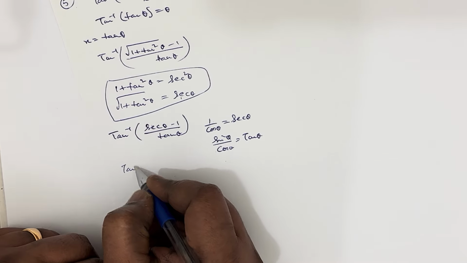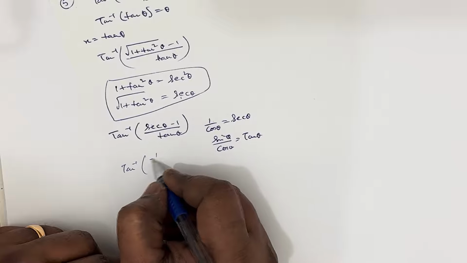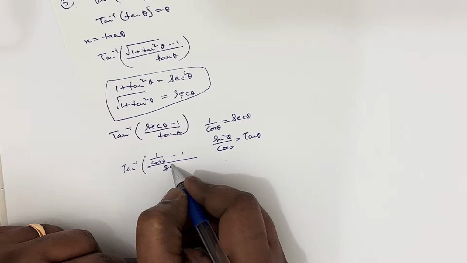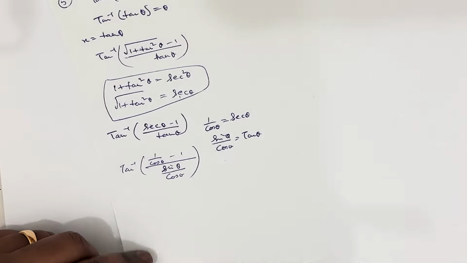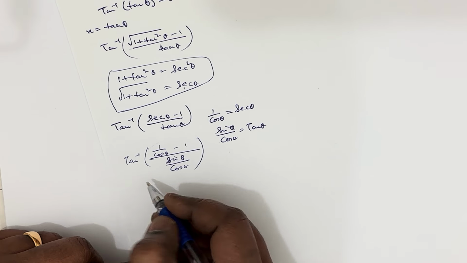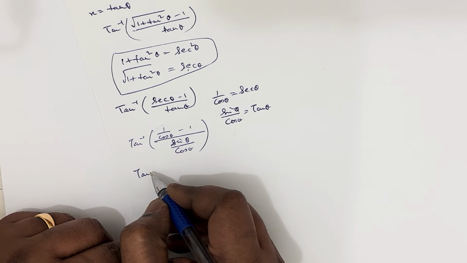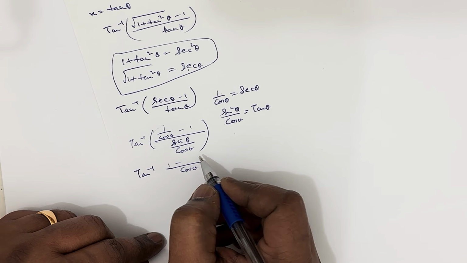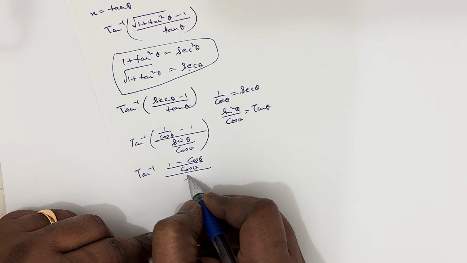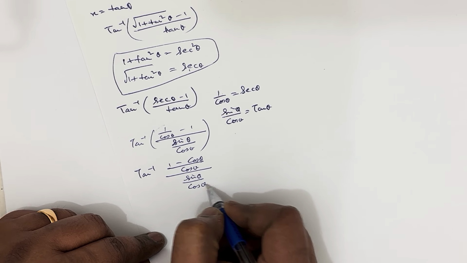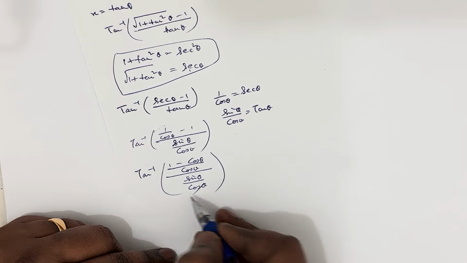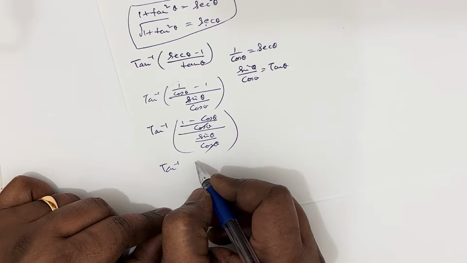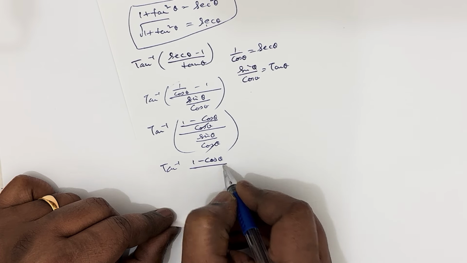We can write tan inverse of 1 by cos theta minus 1, the whole divided by sin theta by cos theta. Now let's take the LCM of the numerator. It becomes tan inverse of 1 minus cos theta, divided by cos theta, the whole divided by sin theta by cos theta. Now the cos thetas get cancelled out. You get tan inverse of 1 minus cos theta, the whole divided by sin theta.